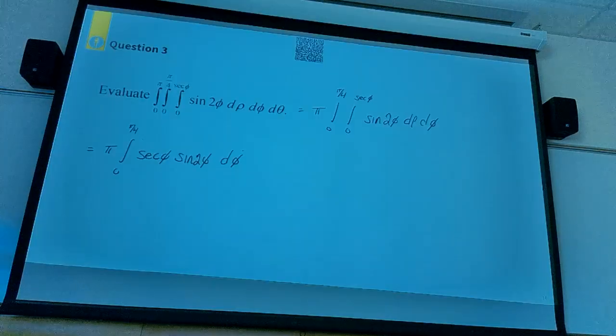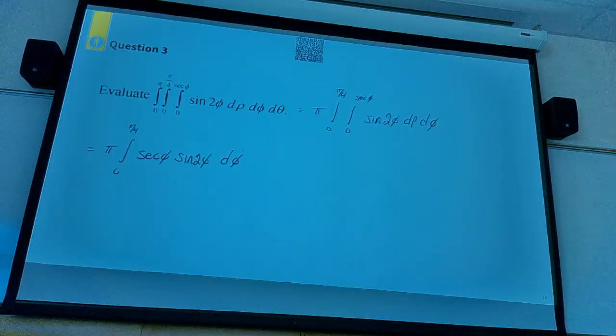It's just integrating sec phi, right? Now, how do we evaluate that? Wait, I don't get how you evaluate that, because you don't have a rho.